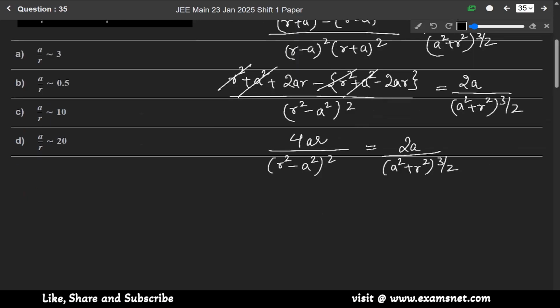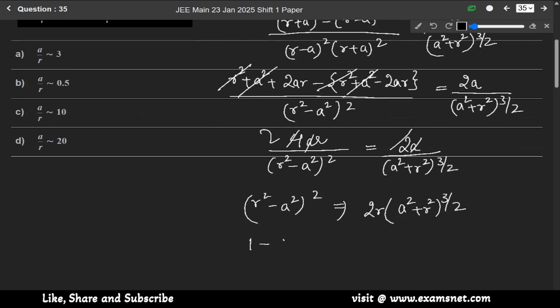Now again solving it, we get (r square minus a square) whole square will be equal to, this a cancels out, 2 2s are 4, so it will be 2r (a square plus r square) raised to the power 3 by 2. Now taking r square common, it will be 1 minus a square over r square whole, and r square whole is r raised to the power 4 eventually.